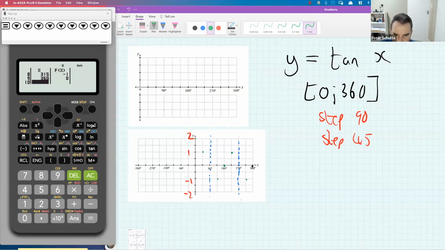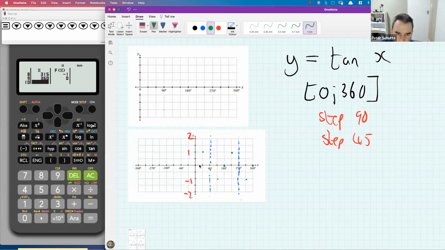And then 360 is 0. So what you should have is your tan graph looking something like that.